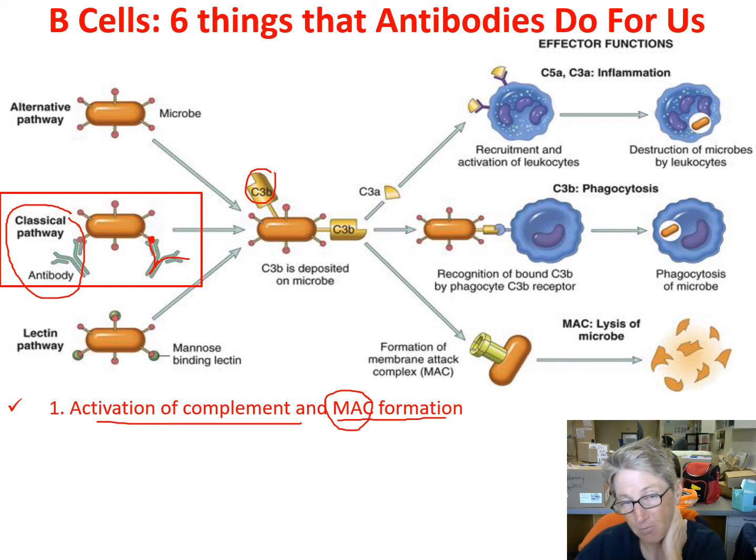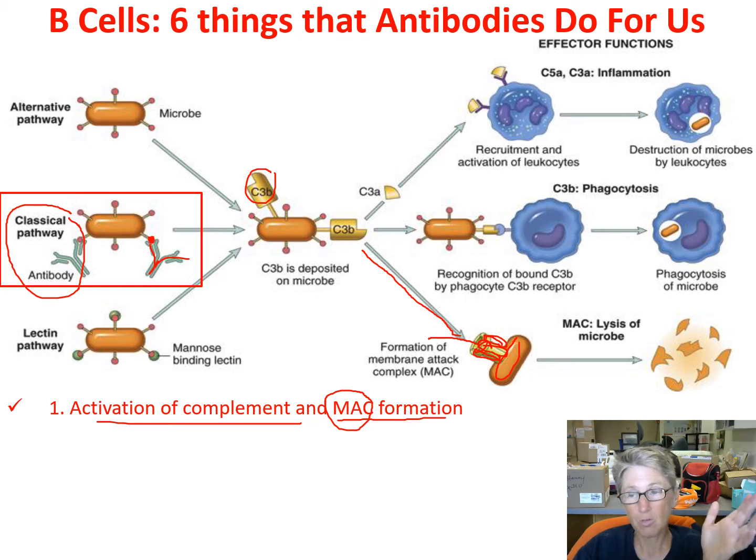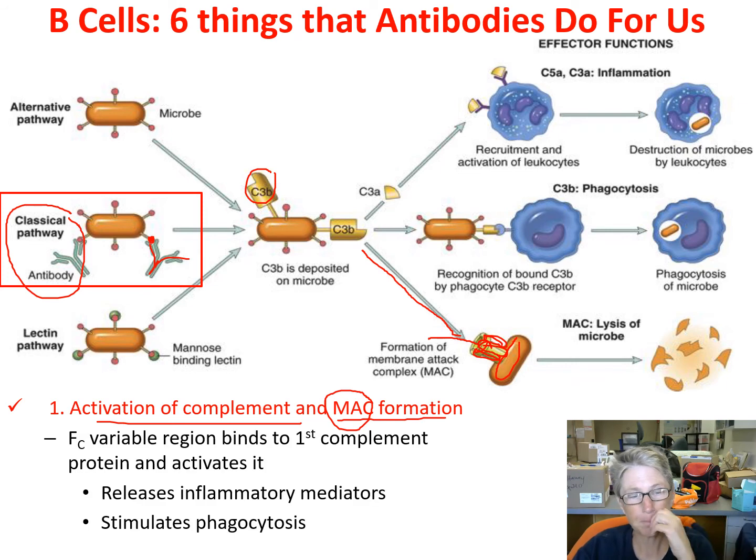But for this cartoon, activation of complement and the MAC formation, you get a whole bunch of complement proteins, and they form the slats in this portal here. When you put a hole in this bacteria, it lyses. So it bursts, and thanks antibody, you just destroyed the bacteria for us with the help of complement.